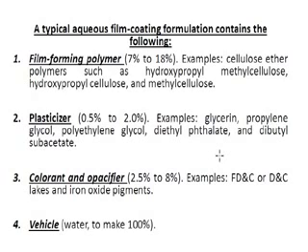Generally, when we are using the film polymer or film former, 7 to 18% concentration should be there in the total mixture. Then the plasticizer must be 0.5% to 2%. Then the coloring agent or opacifier should be 2.5 to 8%. And then the vehicle, like water or an organic solvent, should be up to 20%.